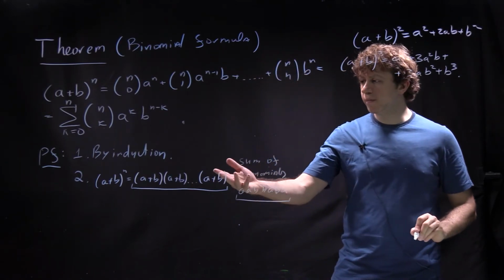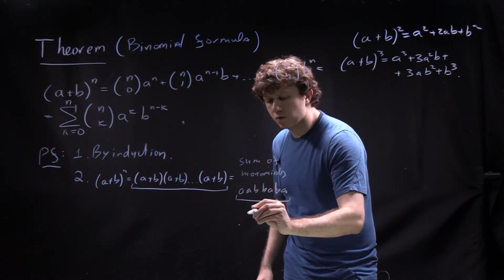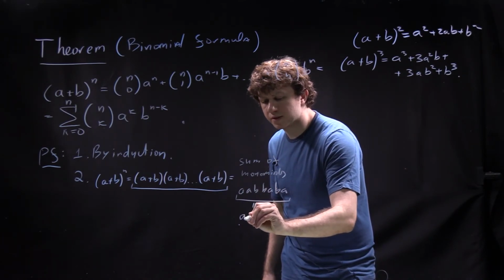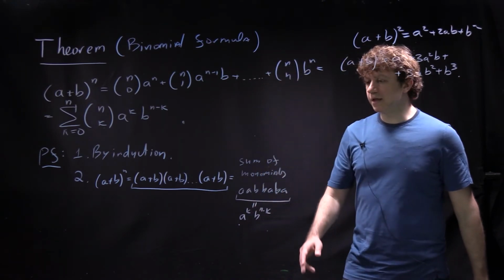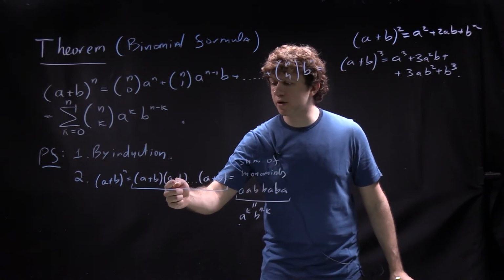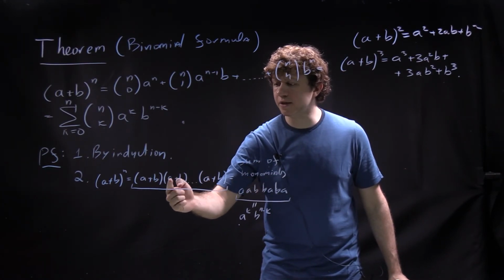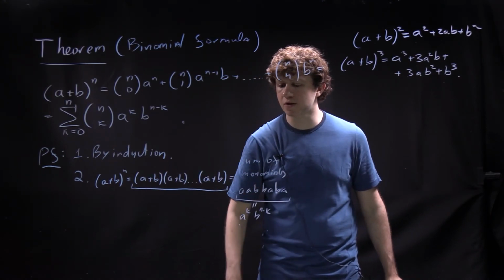And in each monomial, there will be a certain number of a's and b's. So this, of course, equals a^k b^(n-k). Basically, I will get each monomial by choosing a or b in one of the brackets. So I need to make a choice a or b, a or b, a or b, and so on.